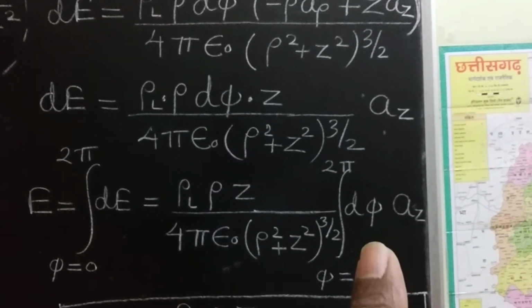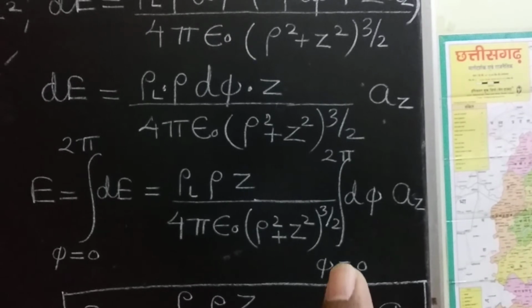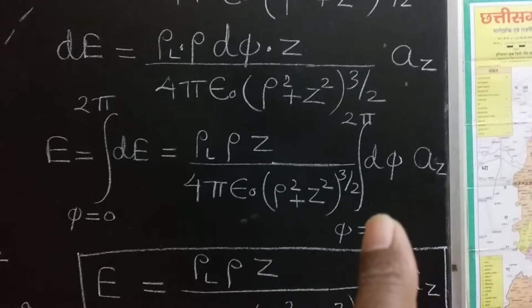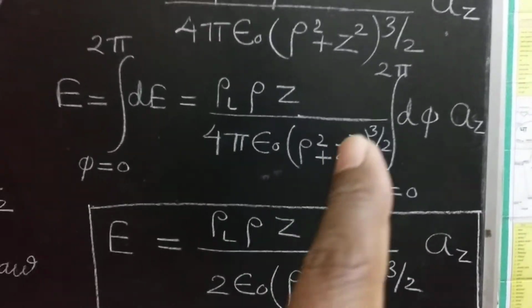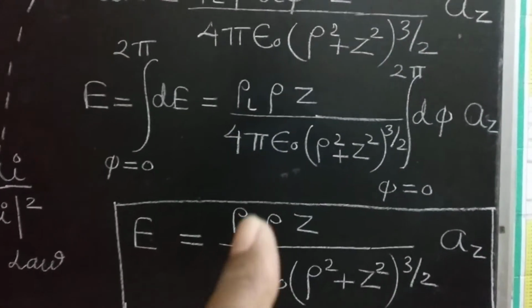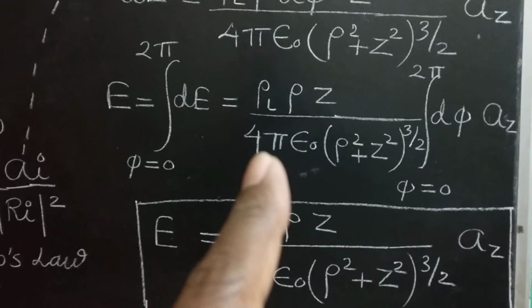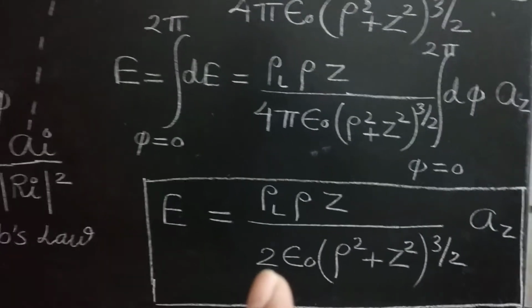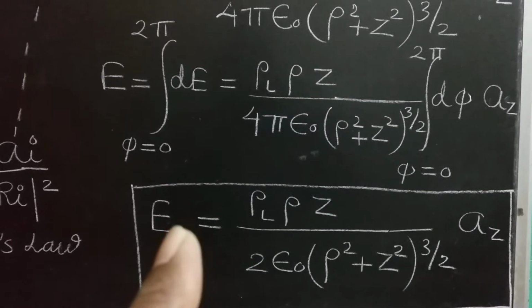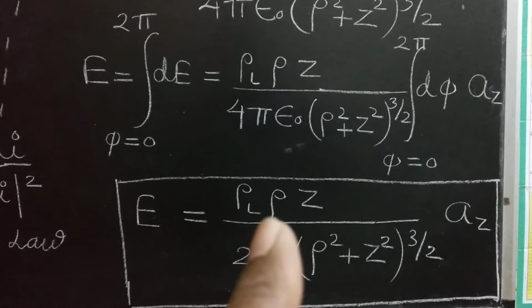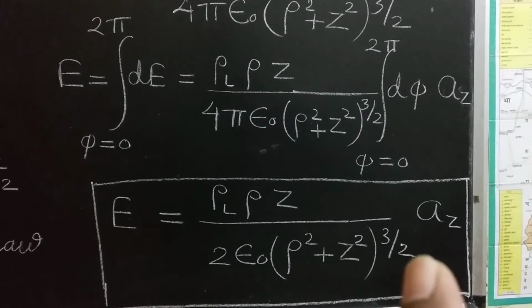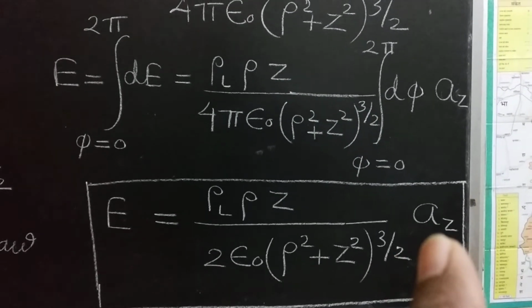The only variable quantity is d phi, which is to be integrated from 0 to 2 pi. Thus the integration gives 2 pi, which cancels with the 4 pi and leaves a 2. Thus the result will be rho L rho z divided by 2 epsilon naught rho square plus z square to the power 3 by 2, in the z direction.